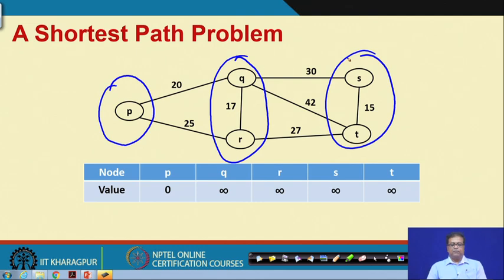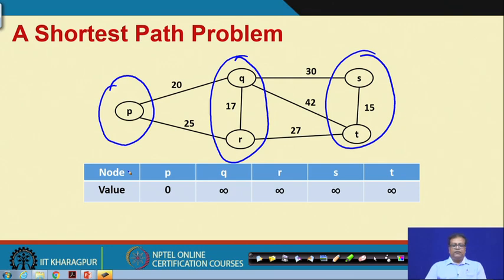What we did, moving from one cluster of cities to the next, was divide the problem into stages. That is what we did in all the earlier problems that we have solved.